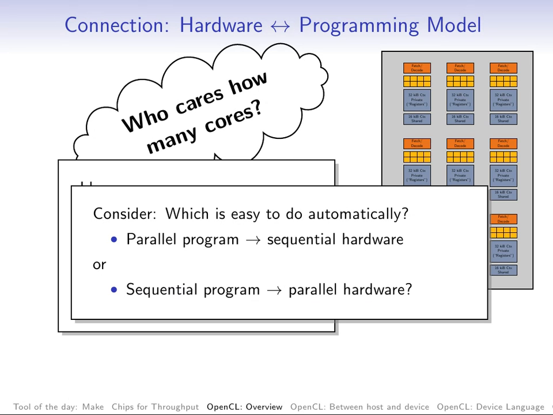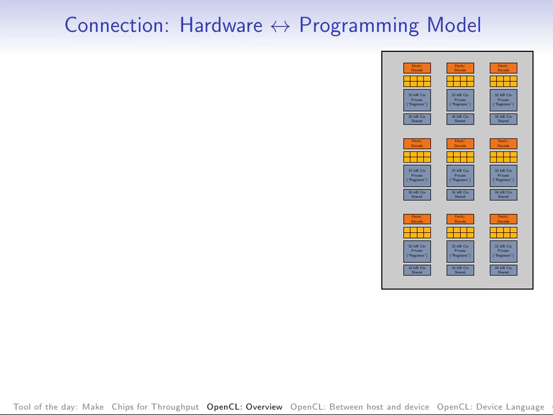If you know there's a bunch of parallel stuff, since you have no guarantees on who gets executed when, you might as well just execute that stuff in sequence instead of in parallel. So it's easy to turn a parallel program into a sequential program, but the other way around is hard. So the basic idea is, let's just throw as much parallelism at the wall and see how much sticks. As much as we can, and then it's up to the hardware and the software to figure out how much to actually run in parallel.